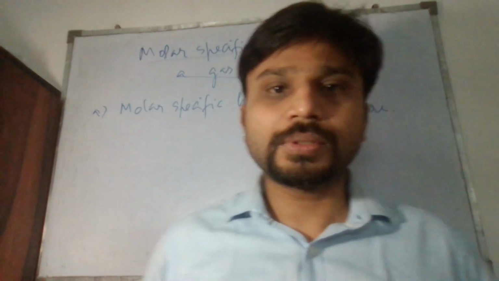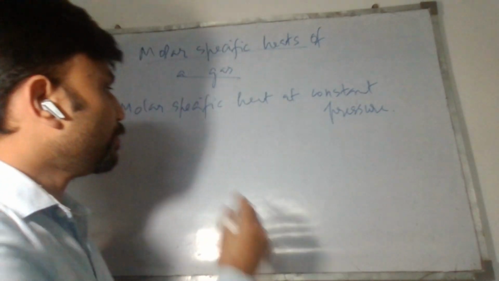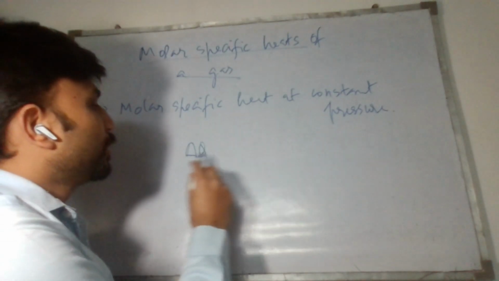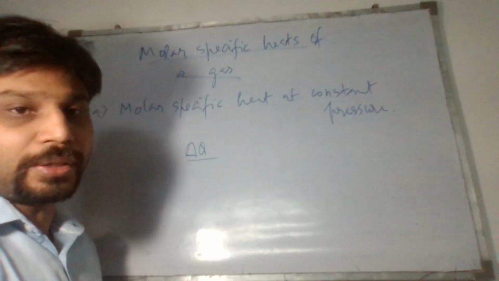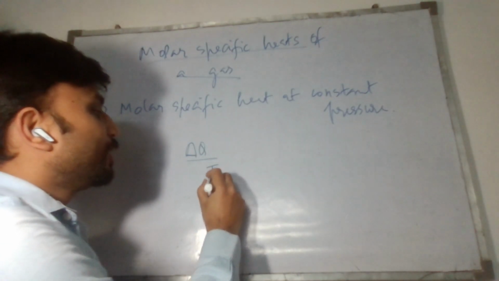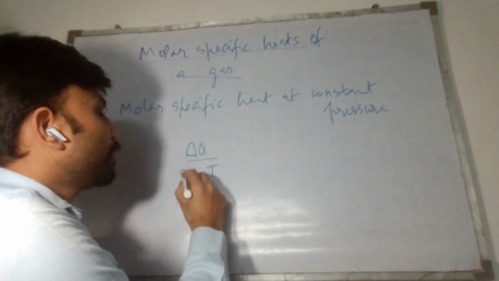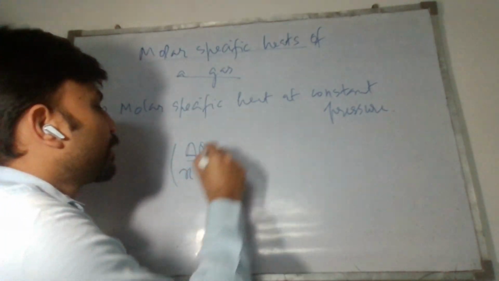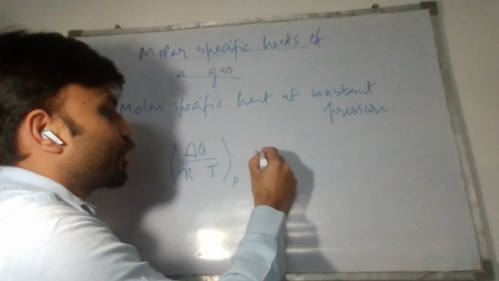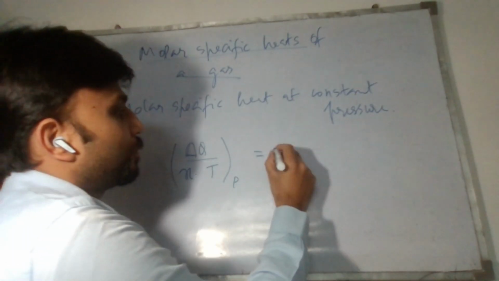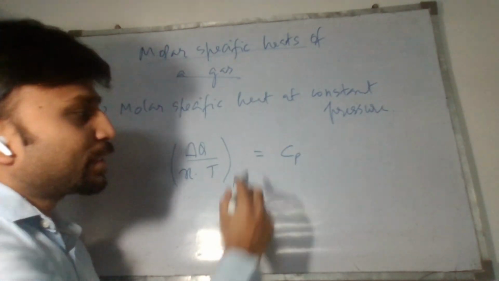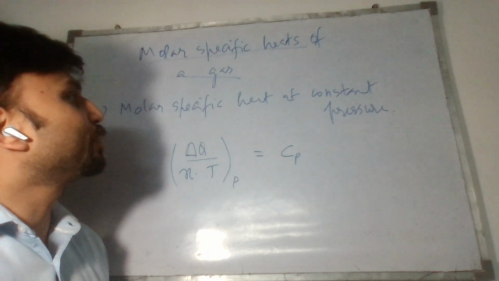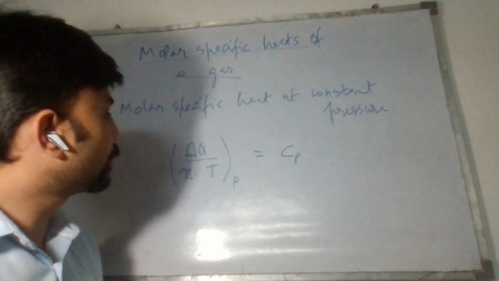So this is the heat supplied to the system to raise its temperature by 1 kelvin per unit mole of gas at constant pressure. This is given by capital C subscript P, the molar specific heat of a gas.